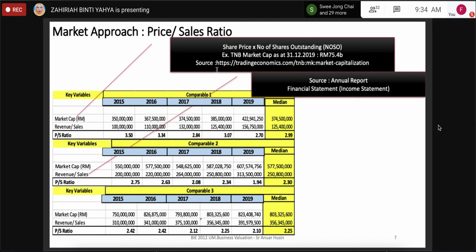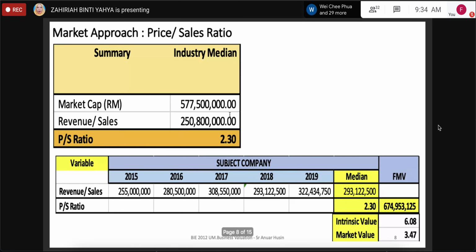So in your justification note, you justify why. Okay, that is market approach.